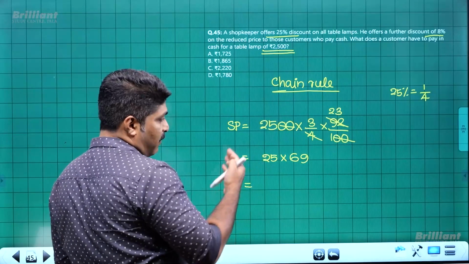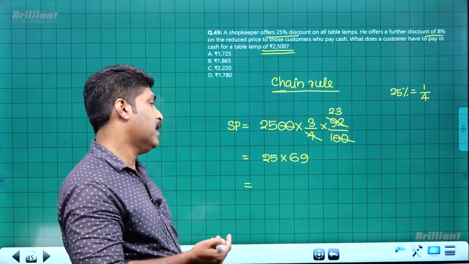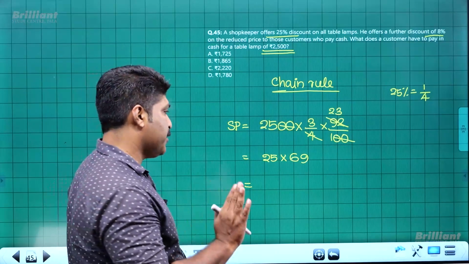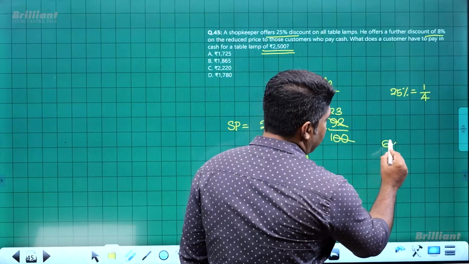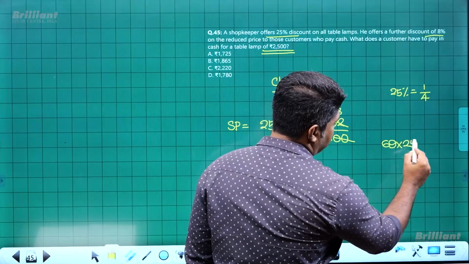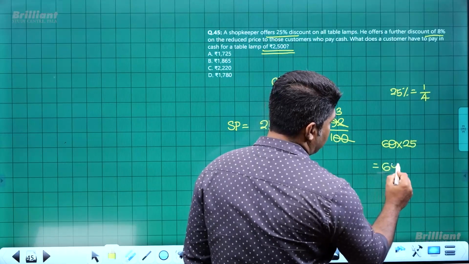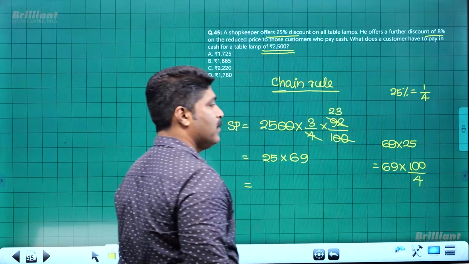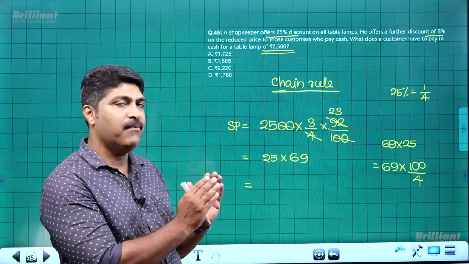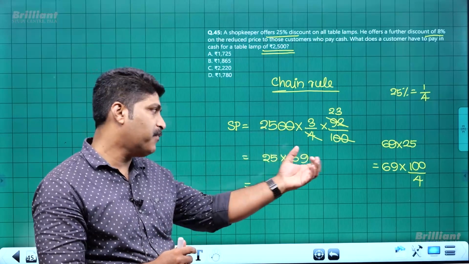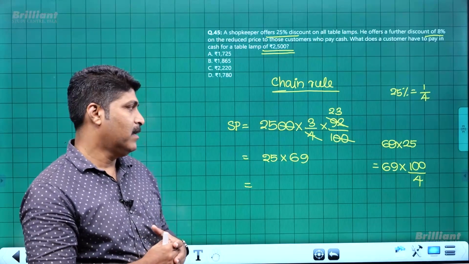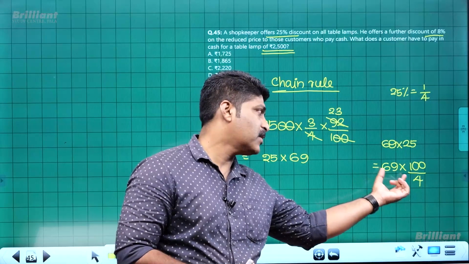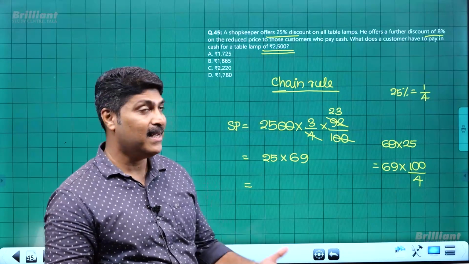Whenever we have to multiply a value by 25, there is a trick. 69 into 25, you can convert the operation to 69 into 100 by 4. So just understand how we converted that multiplication by 25 into the form of 100 by 4. So it's easy to divide 69 by 4. 69 by 4.